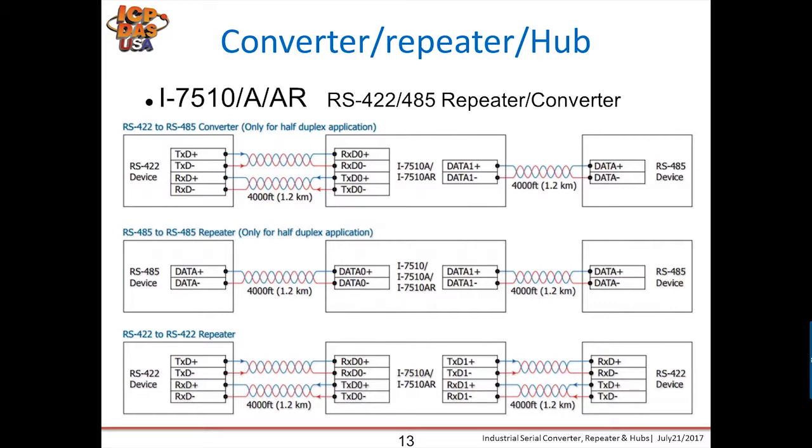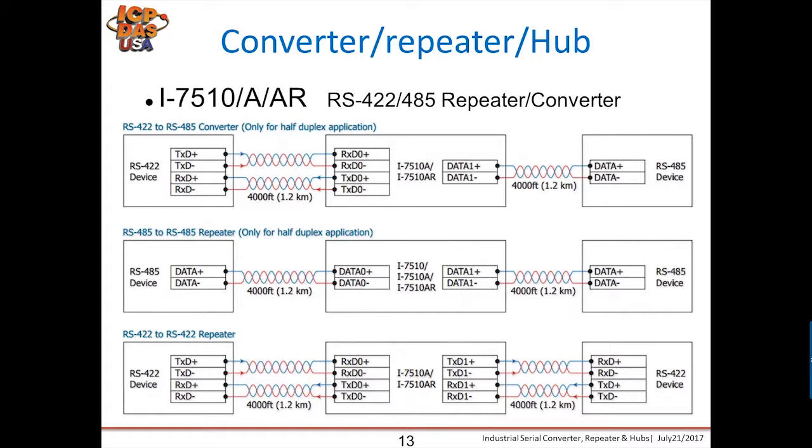I7510 and I7510A provide two-way optical isolation between one piece of RS-422 and RS-485 equipment and the rest of the system. It can also be used as a repeater to extend the transmission of an existing network.